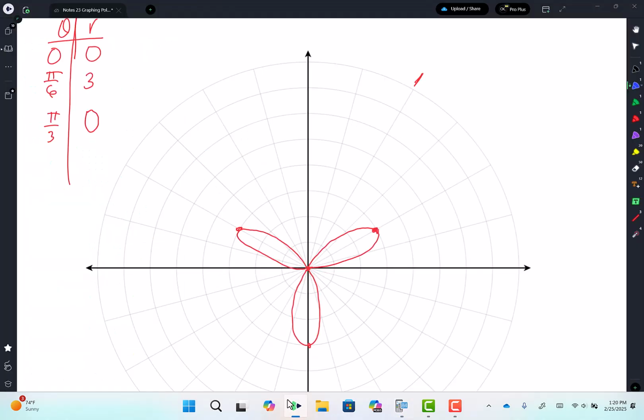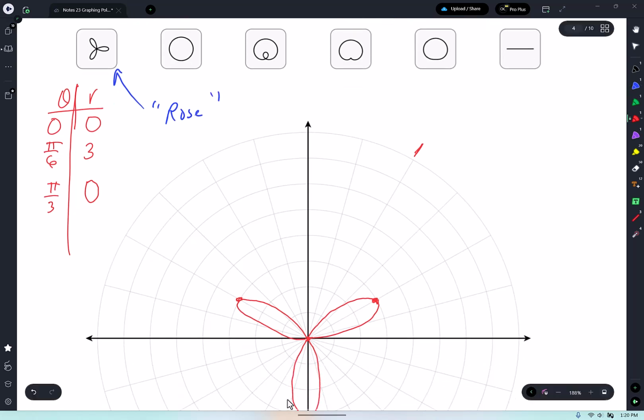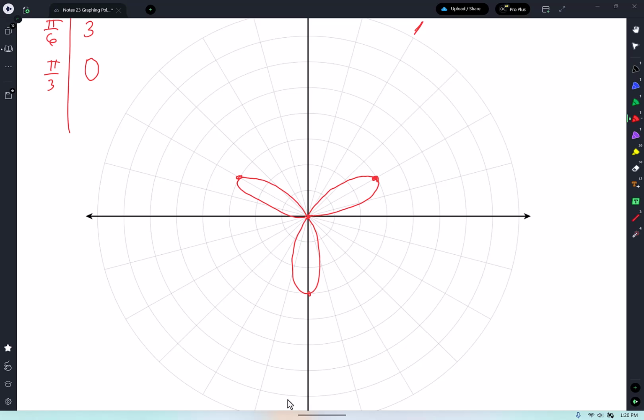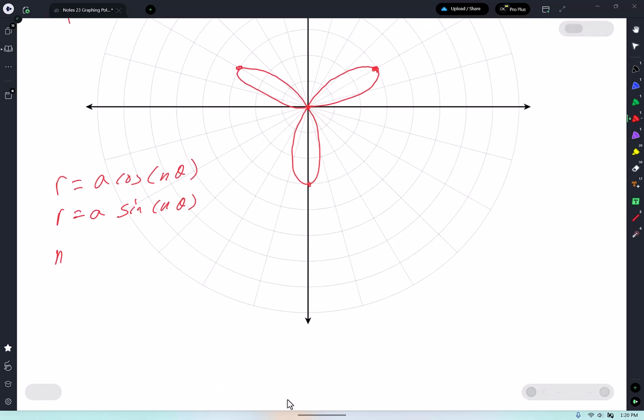So here we go. This one is called a rose. It's a cosine n theta or a sine n theta, where n is an integer, a positive integer.